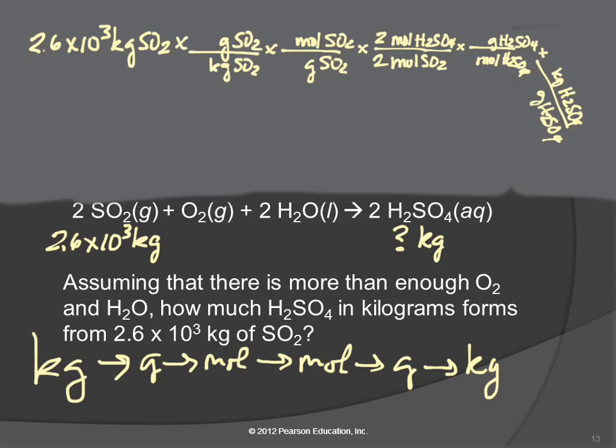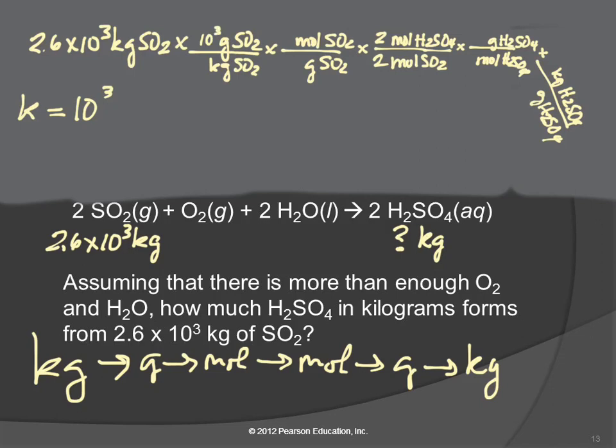Our first term here, kilograms to grams. What does kilo mean? It means 10 to the third. So I have kilo on the bottom. I'm going to put what it means on top because I'm not going to put them together. So I'm going to have 10 to the third on the top.